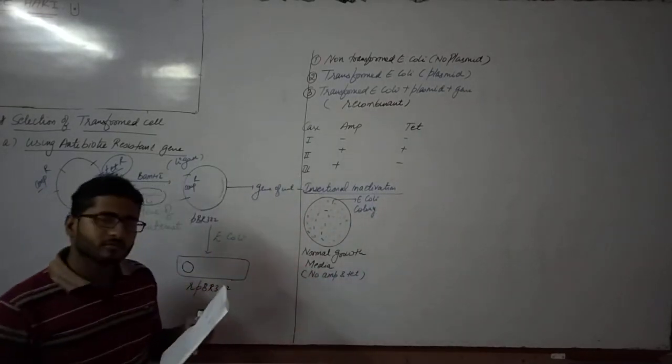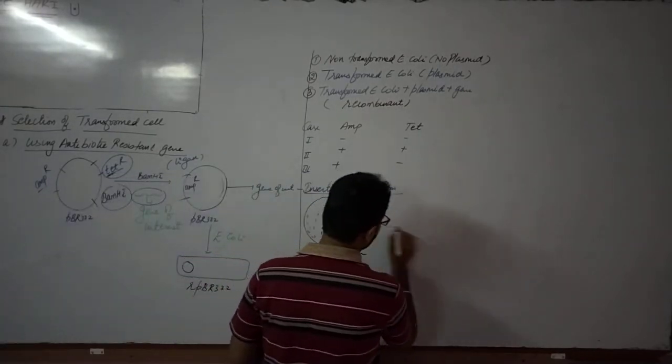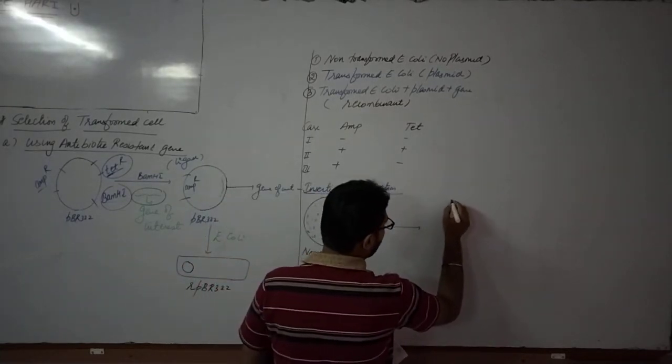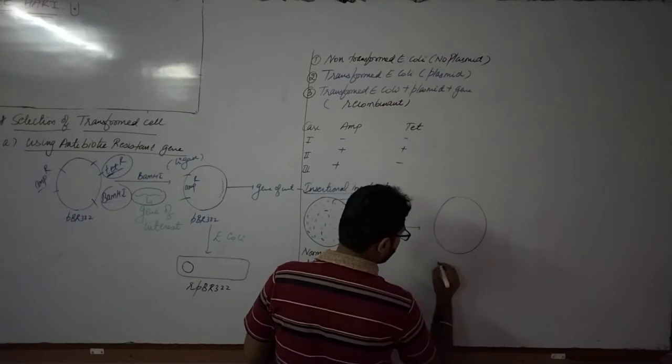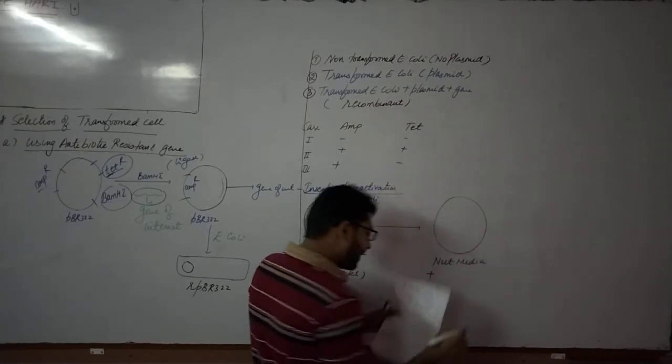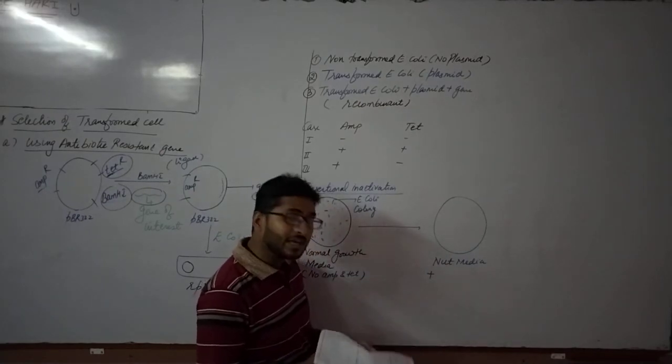Then we have to transfer these colonies into the medium that contains ampicillin. So, nutrient medium, and apart from nutrient medium, now we are adding ampicillin also.